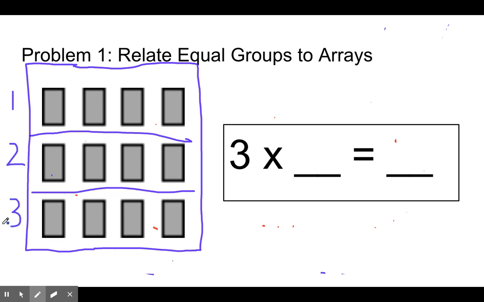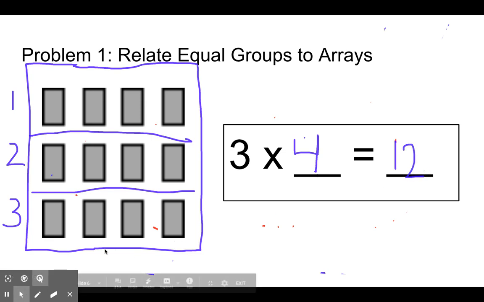How many equal groups or rows do we have? 3 groups of, what do you think goes in the question mark? Yeah, how many objects? 3 groups of 4 objects gives us, what do you think our product is? 12. All right, good job, guys.